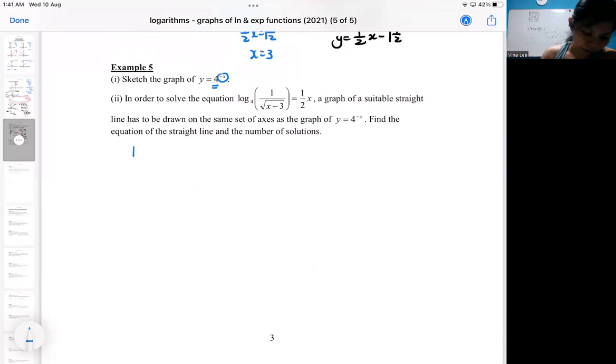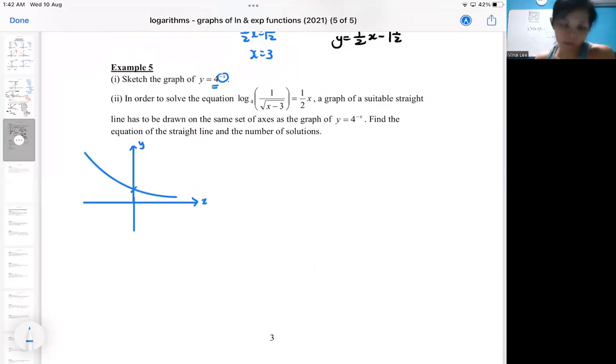So it should look like this. So it should be somewhere coming down. Check for the y-intercept. Putting x equal to 0, you get a 1. And there's a dotted line here.